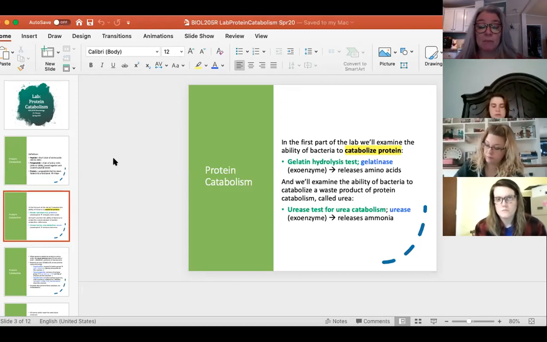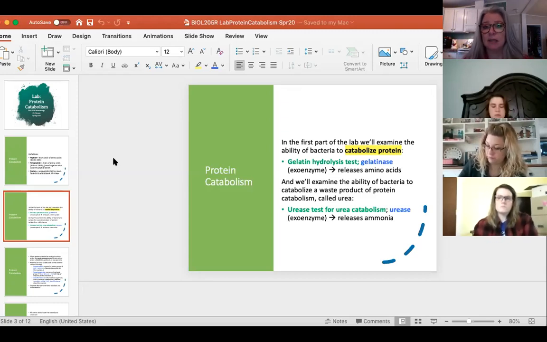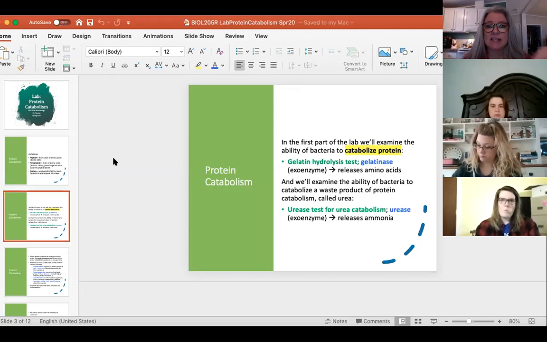So remember, when a microbe secretes an enzyme so that it can work out in the environment, we call that an exoenzyme. An endoenzyme is an enzyme that functions inside the cell itself. So this is about catabolizing protein out in the world, so that the microbe can make use of that protein.